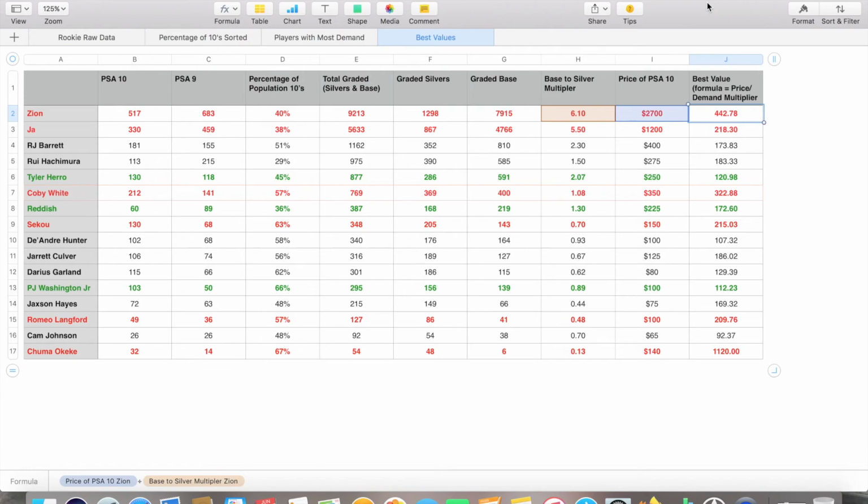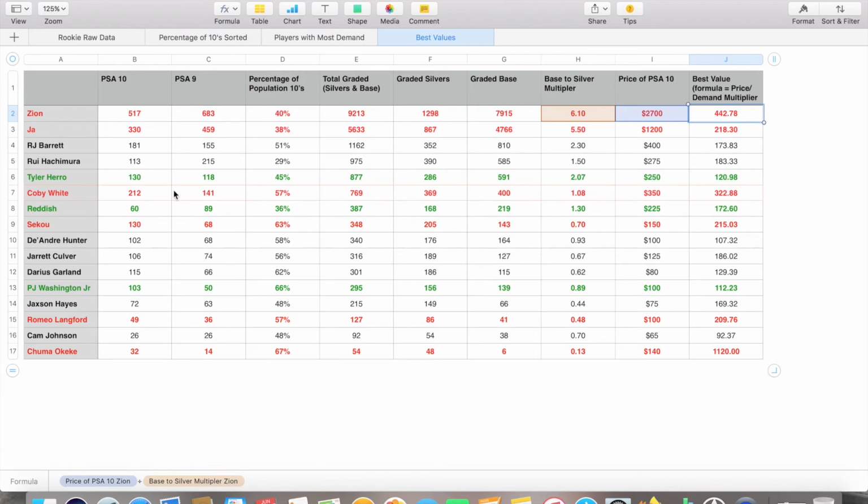That's just how it is. But at this point in time, what the data is telling me is that Zion and Ja are the most premium you can possibly pay, and it's possible that a lot of stuff is being priced in. And I want to analyze some of the players that I believe to be really good values.